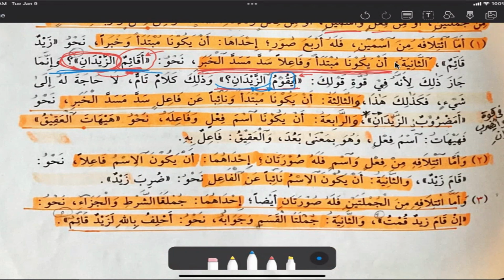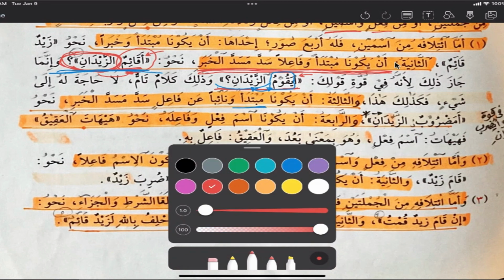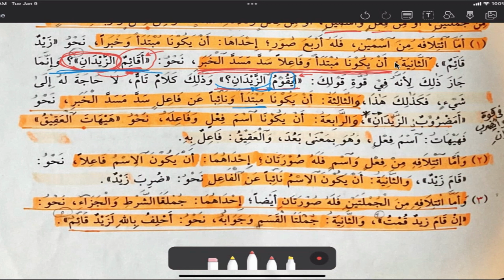وَالثَّالِثَةِ, the third case, أن يكون مبتدأ ونائبا عن فاعل سد مسد الخبر, is that you would have a nominal subject, mubtada, and then you would have naib fa'il that fills the space of the predicate.